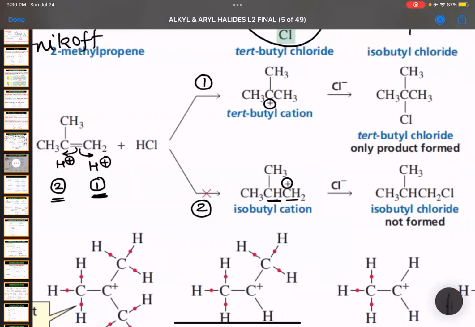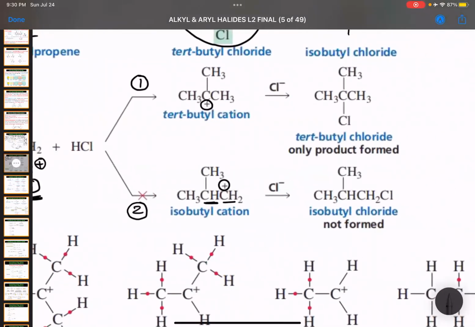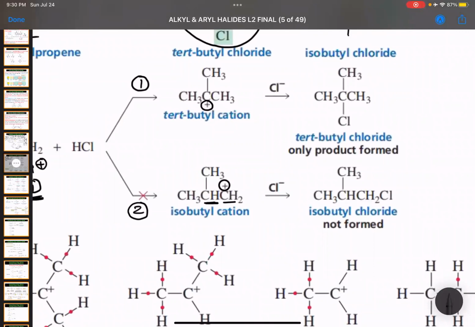Because the attack of H plus is the RDS, the rate determining step, it is a slow step, it is a difficult step because there is a breaking of a bond and there is a formation of C plus, which is a reactive thing, which is unstable. So if it is a difficult step and there are two options, either pathway 1 or pathway 2, you are going to choose the pathway which leads to the formation of a more stable reactive intermediate.